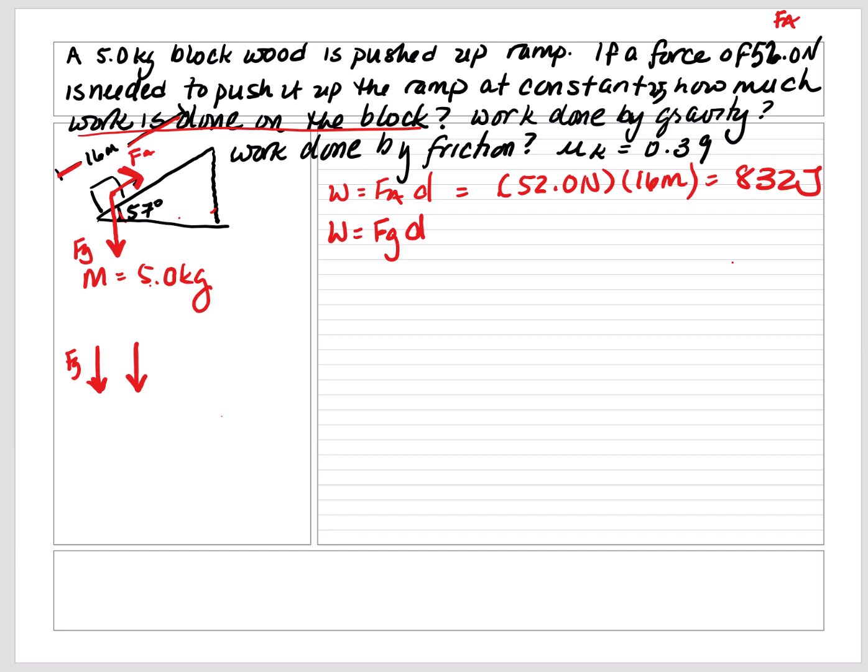The displacement currently given is the ramp. So that means I need to find the height of the ramp. So this is my 16 meters that was given to you. My angle is my theta. Since h is opposite the theta, the formula we're going to use is sine theta, which is opposite over hypotenuse.